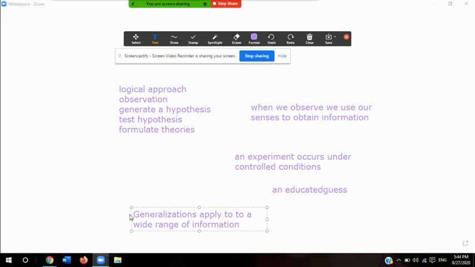It goes on to say that to make generalizations, data are sometimes organized in tables, in pie charts, or using statistics. Okay, so that's pretty important.